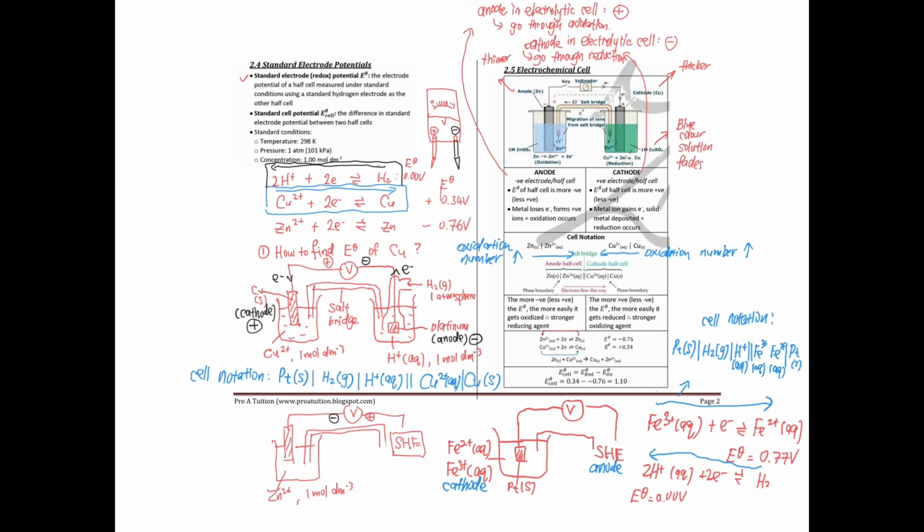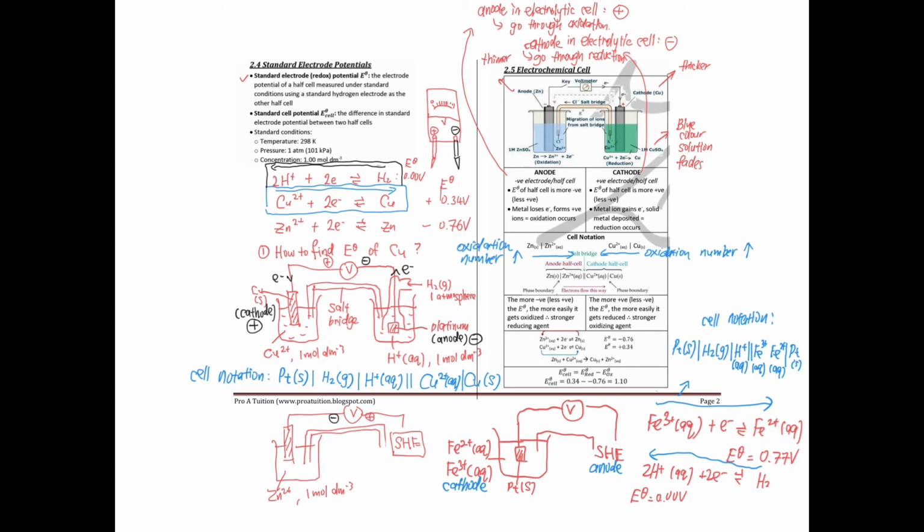What I am going to highlight here is, this time we cannot use a phase boundary anymore. We cannot put a vertical line anymore, because they are in the same physical state. Both of them are aqueous, so you don't draw a vertical line.